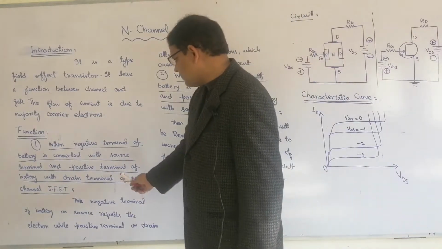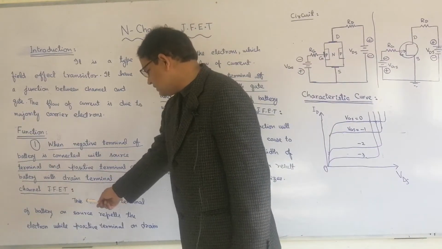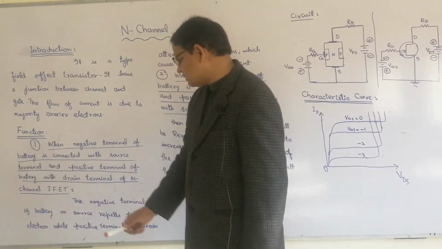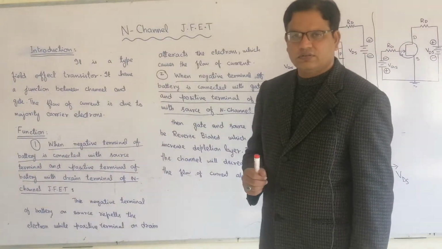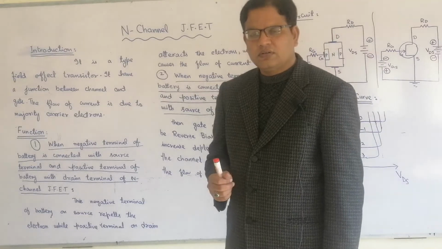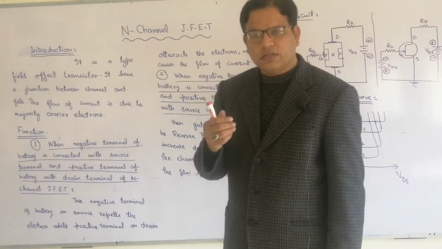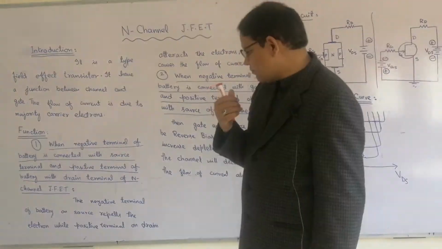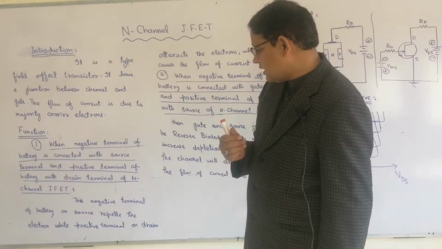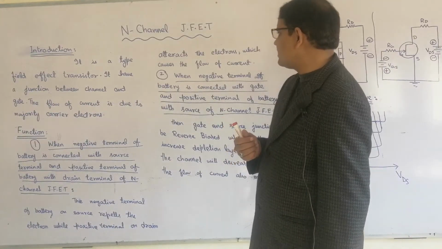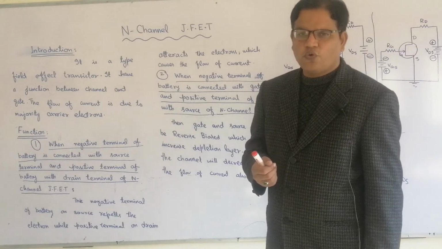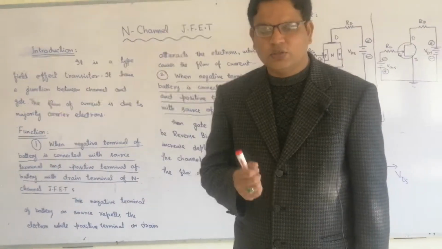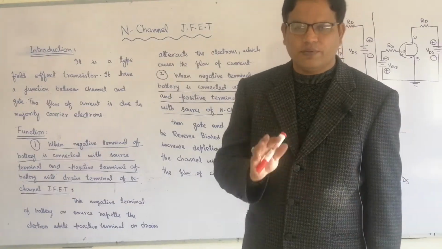So when this position is here, then the negative terminal of the battery on the source repels the electrons. As a result, what will happen? The electrons will be repelled, and the positive terminal of the drain attracts the electrons, which causes the electrons to flow very easily through the channel. Electrons will flow very easily.